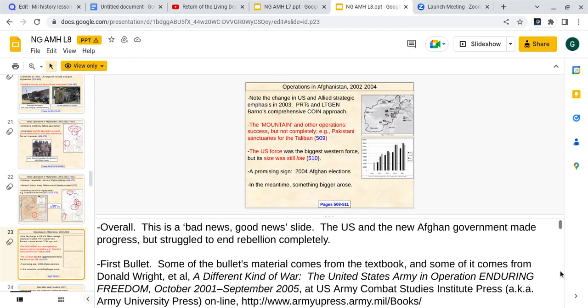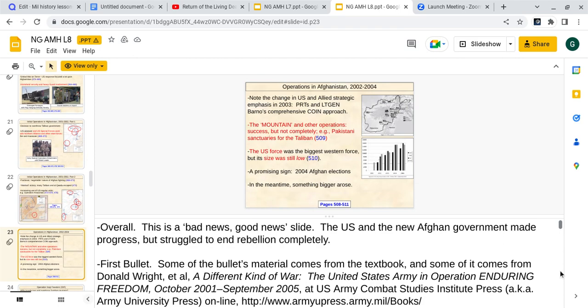Just like when we were fighting the Viet Cong, we're fighting the Taliban, and they tend to scurry, run away, and hide in places like Pakistani sanctuaries, and then they come back later after things calm down and take back the land. So we did manage to kill a lot of Taliban during operations like Mountain and others. However, it wasn't completely successful because some Taliban escaped and hid in Pakistani sanctuaries.